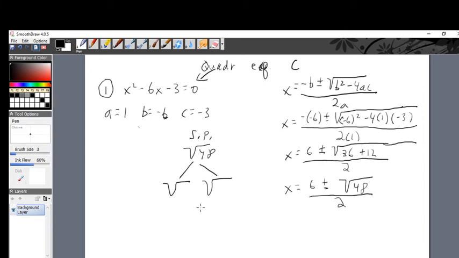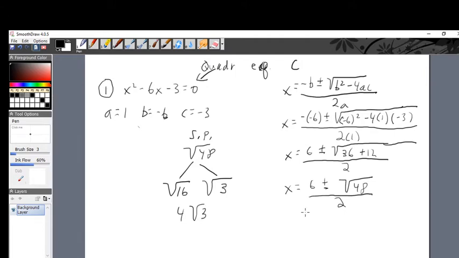I know that 4 goes into 48, but I can do better. 16 is a perfect square. It's on the list, and 16 times 3 is 48. It's much better if we go right to the biggest number that we can. This turns into 4 square root of 3.